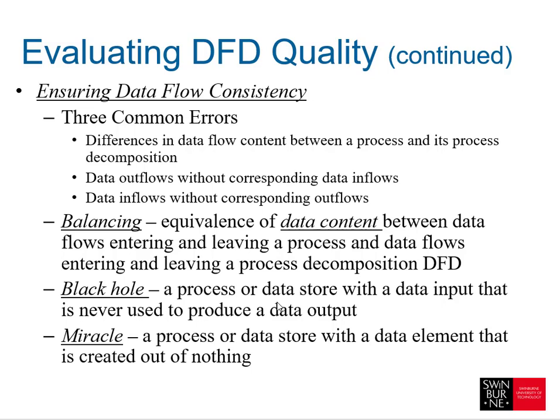We never use this data input into the process in our system. That is called the black hole. Now a miracle, on the other hand, is where we create something from the process without entering corresponding data into the process. This is called the miracle. So let's go through some examples.